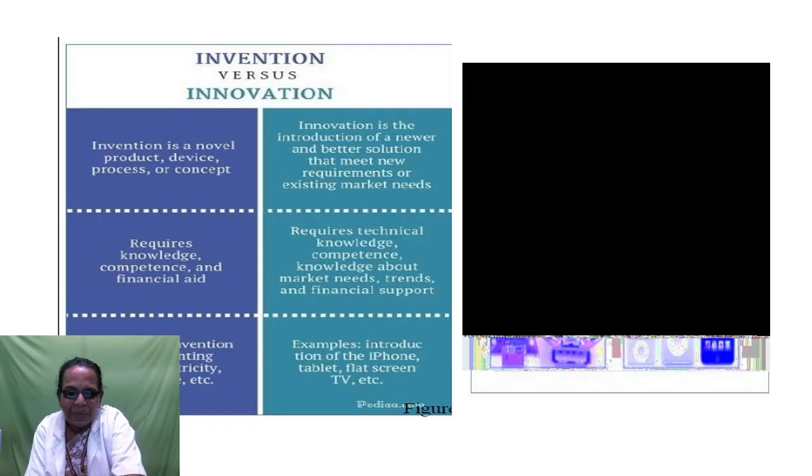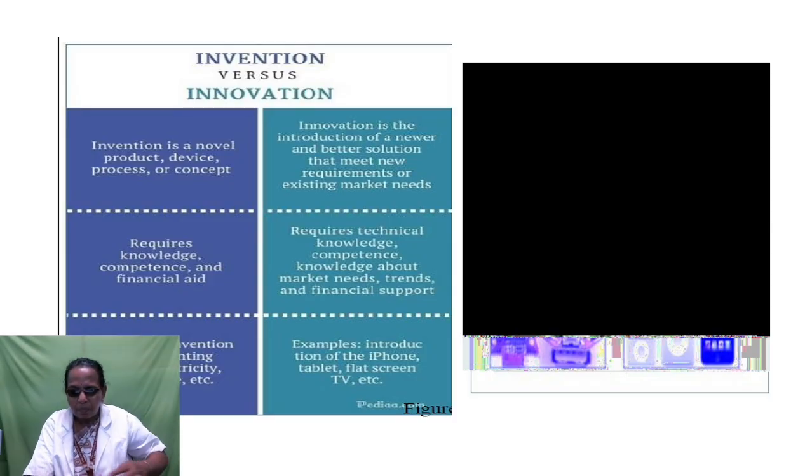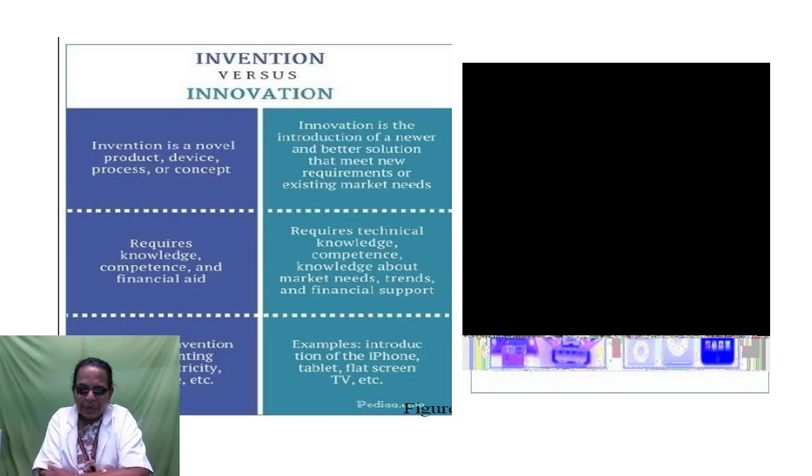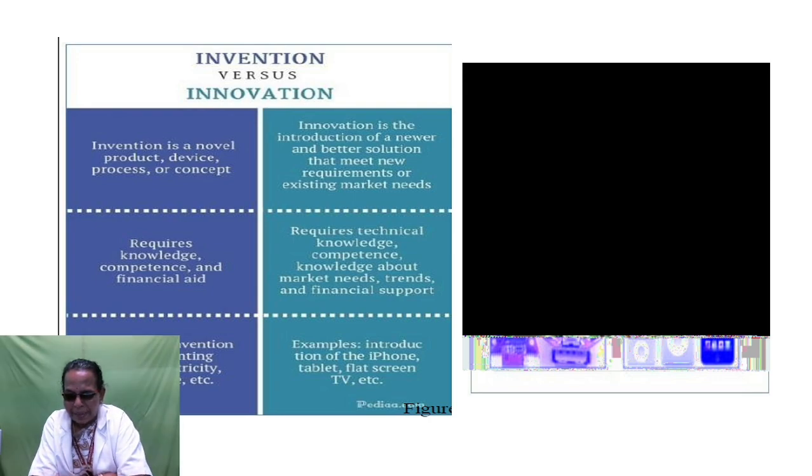It requires technical knowledge, competence, knowledge about marketplace needs, trends and financial support. Examples of invention: the printing press, electricity, telephone, etc. Examples of innovation: the iPhone, tablet and flat screen TV, etc.